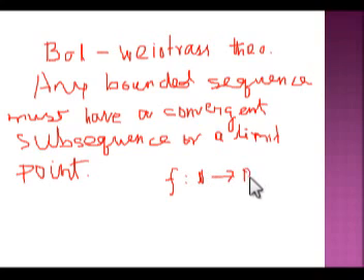For example, f(n) = 1/n is a sequence, and a subsequence is any collection taken from the sequence. Convergent means that the sequence must converge to a point, where the next points are the same as that point. Then it is called convergent.